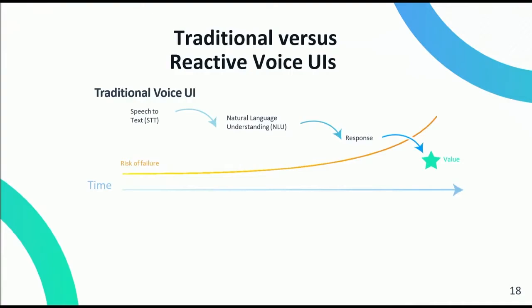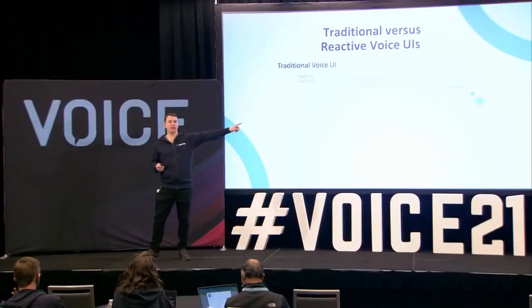After that, it is passed on to application-specific business logic, where the decision is made on how to respond to the user, after which there is the response back to the user, which is typically speech synthesis. And this is a sequential waterfall type of approach where the value is delivered to the user only at the very end.